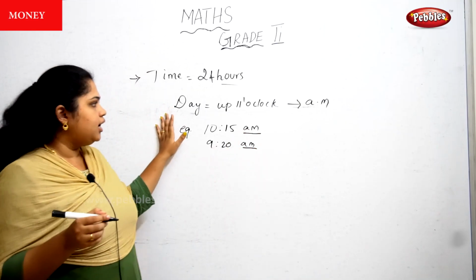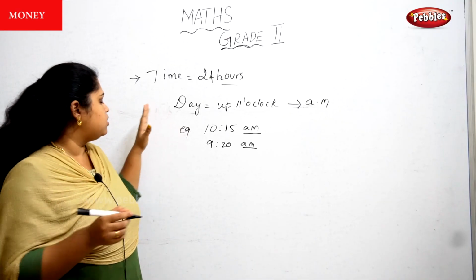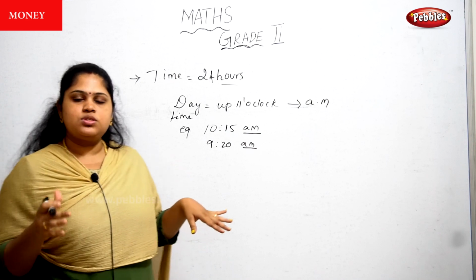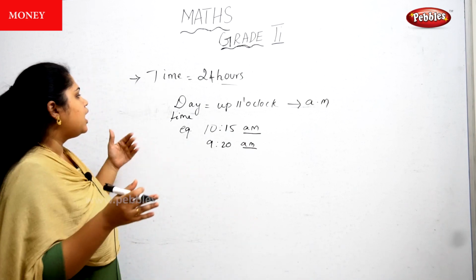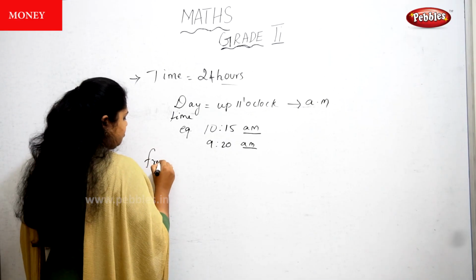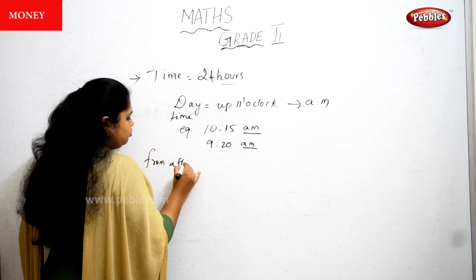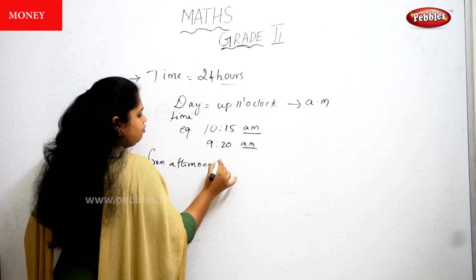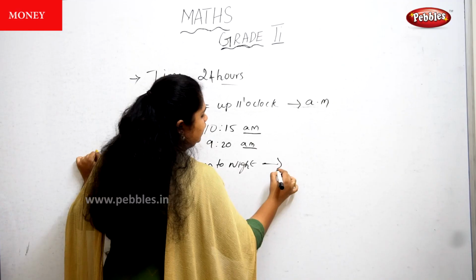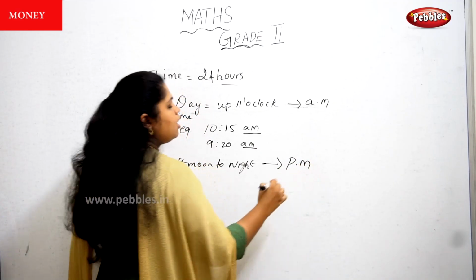In the daytime, up to 11 o'clock, we say AM. From afternoon to night, we refer to the time as PM.